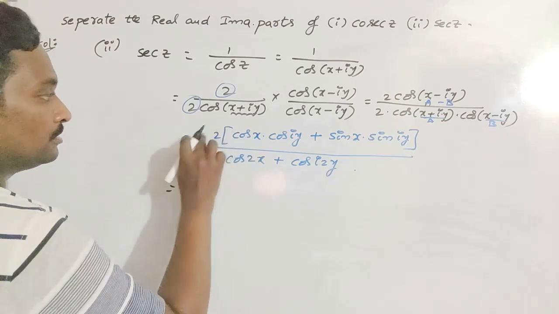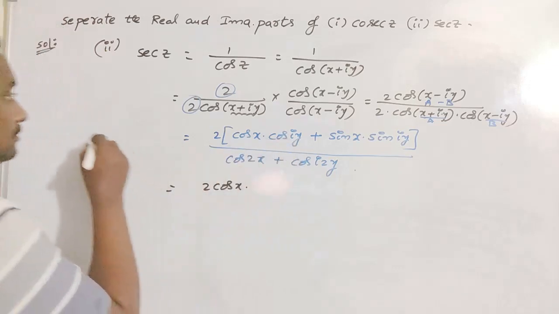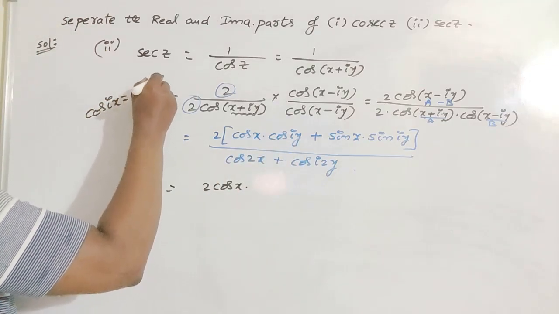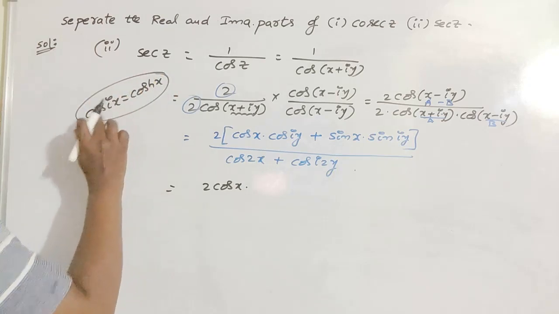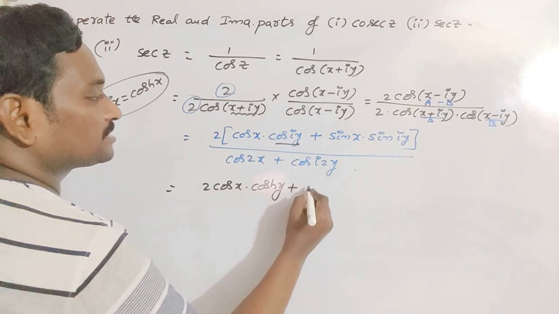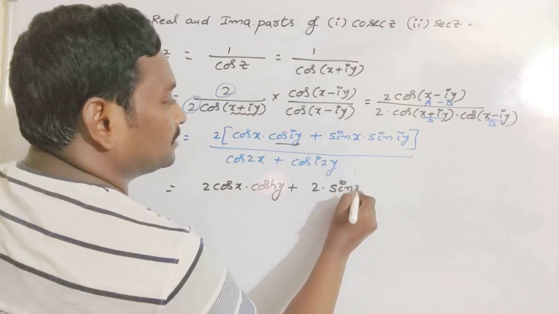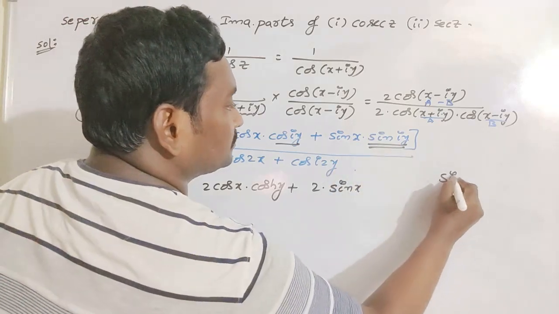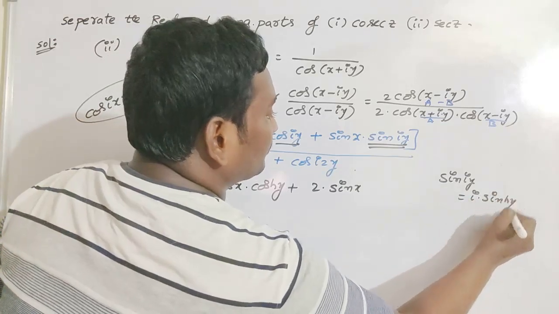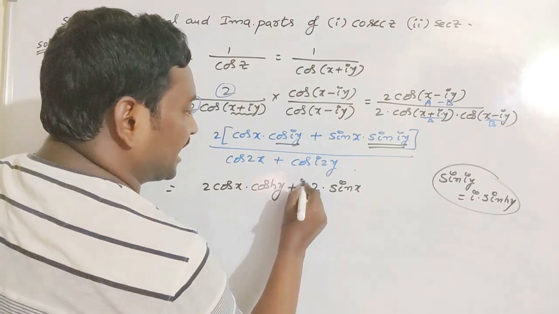Now take this 2 inside, you will get 2 cos x cos iy. Don't forget these relations. Cos ix is equal to cos hx. According to this formula, I will write this cos iy as cos hy, plus 2 is there, sin x is there. What about sin iy? Sin iy is nothing but i sin hy. This is the formula. Okay, so I am writing i here.